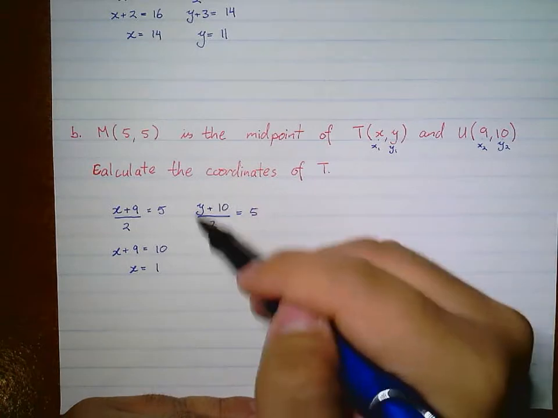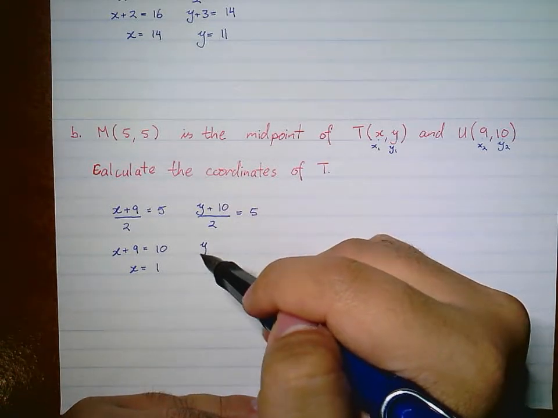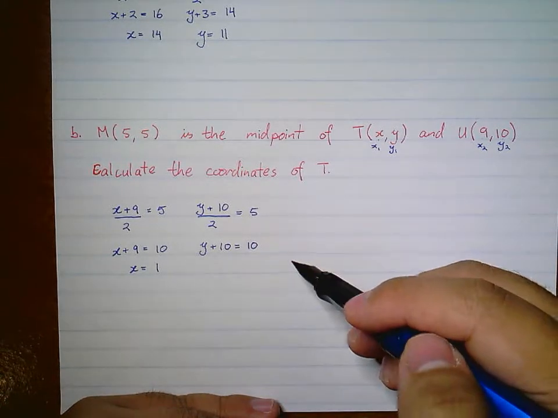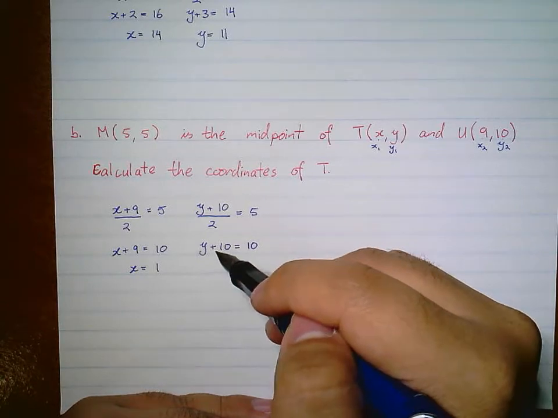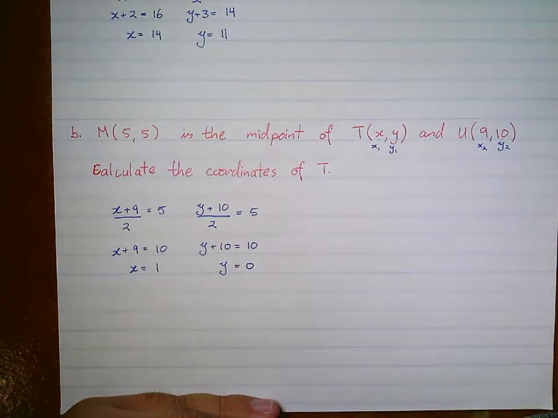Same thing we do for this point. Multiplying both sides by 2, we get y plus 10 equals 10. Subtracting 10 from both sides, we get y is equal to 0.